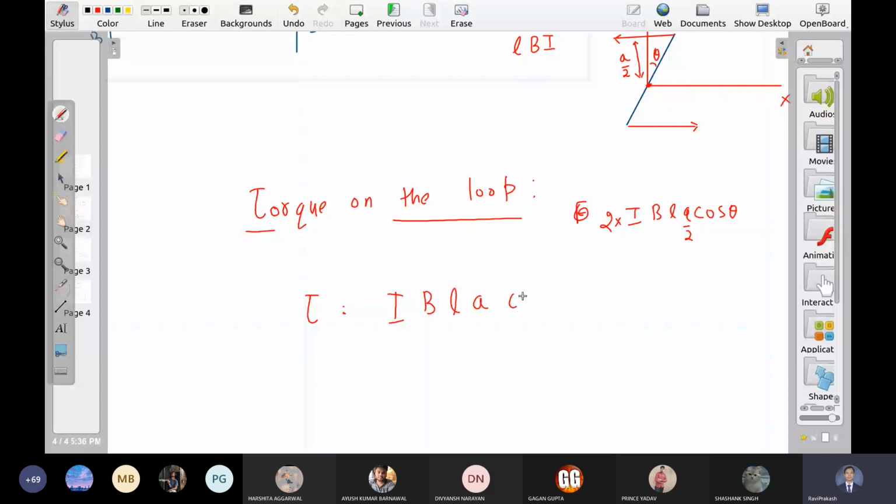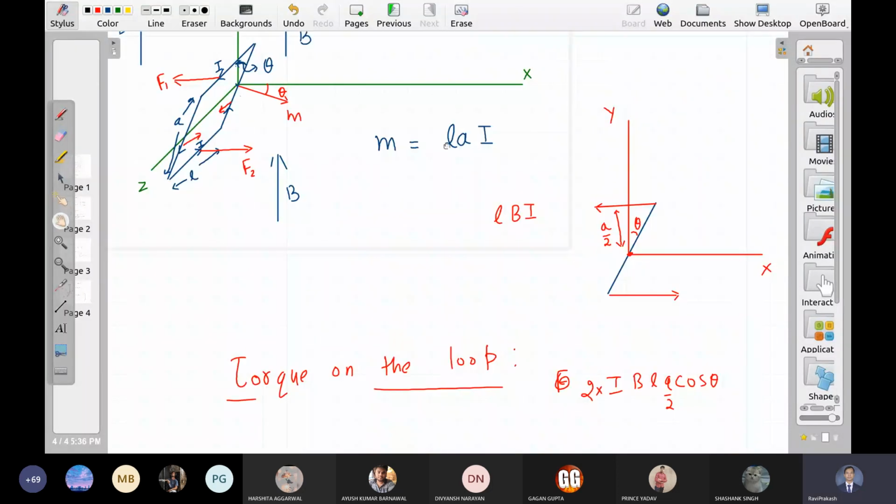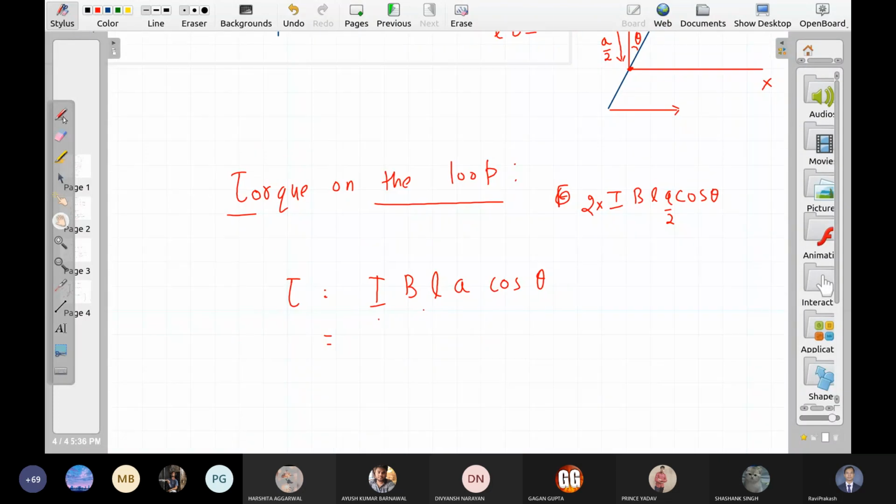Or I can also write it like, what is L A I? That is M. So M B cos theta. Can I further simplify it?